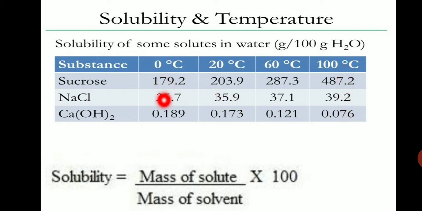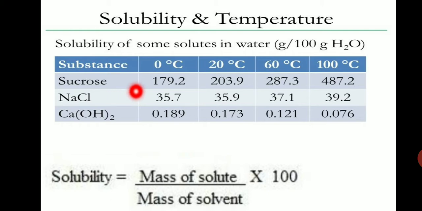So comparing these three substances, we can note that the solubility is different from one another. According to the solute, the solubility in a particular solvent in a fixed amount is different. So what is solubility?